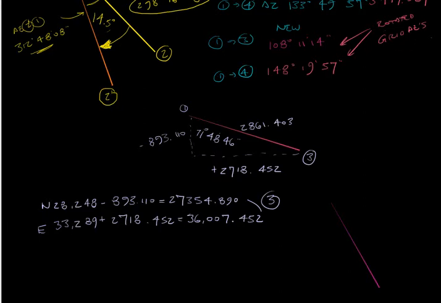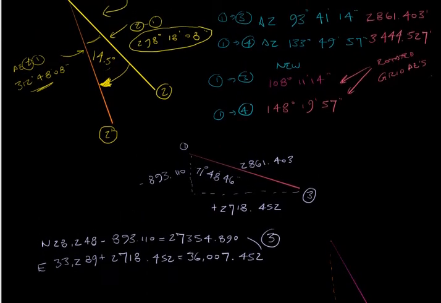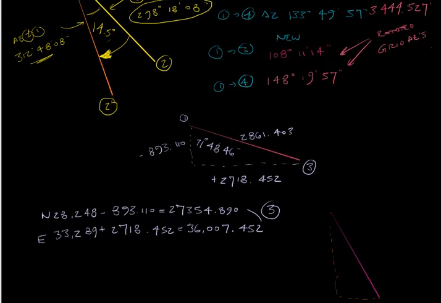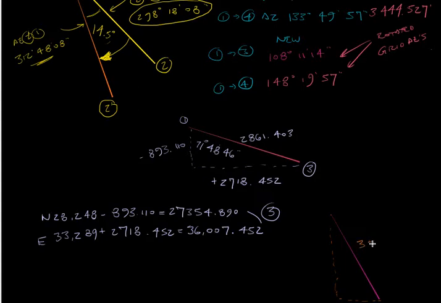Right, so this distance is 3,444.527. And the angle, if you take the difference from 148.1957 to 180, it's 31.4002.